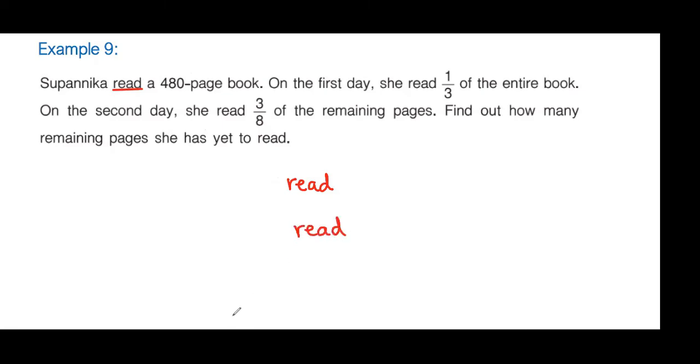The spelling is the same, but the pronunciation is different. Present tense, read. Past tense, read. Red like red color. You understand that? Yes. So when you are reading and it is in past tense, something that has been finished already, you are going to read it as read, not read.